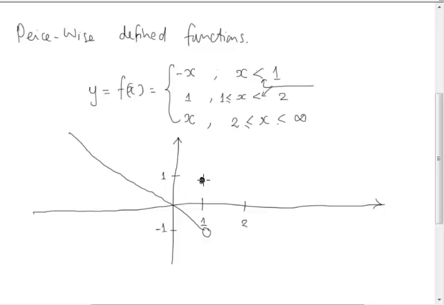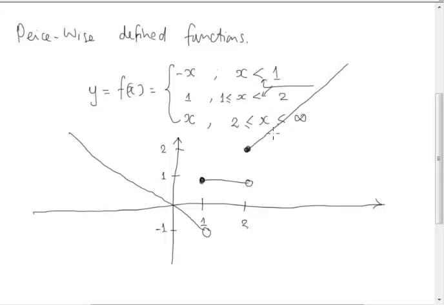So from there it is constant, it's 1 until as close as possible to 2, but does not get to 2. Then from there onwards, y is equal to x, which means if this is 2 and this is 2, exactly at the point (2, 2) the function will start and go up as usual.